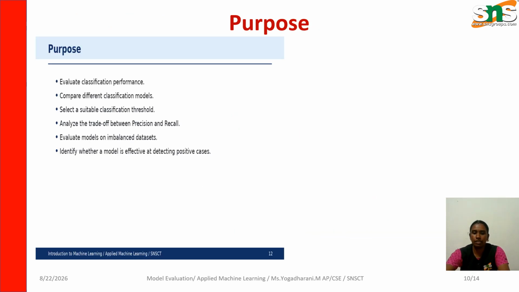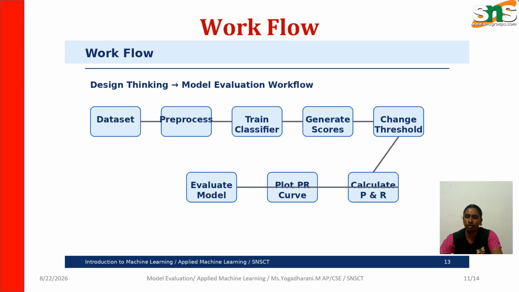The purpose is to understand the precision recall trade-off, to select a suitable threshold, and to evaluate classification models. It is useful for imbalanced datasets, and helps identify whether a model is effective at detecting positive cases. This leads us to the workflow of precision recall curves.